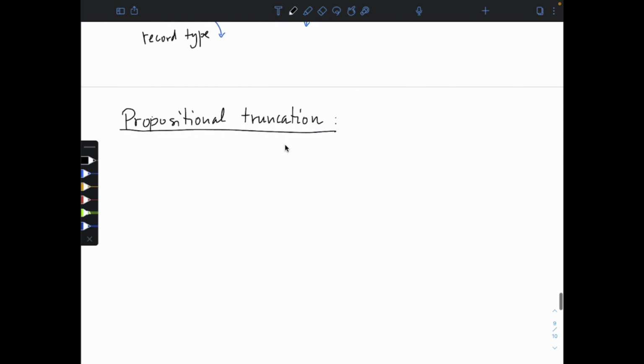So, propositional truncation. The idea is that you take a type A, and then you form a new type, which is often written like this. And this is called the truncation of A. And secretly, I want to say, well, it's the equivalence classes.